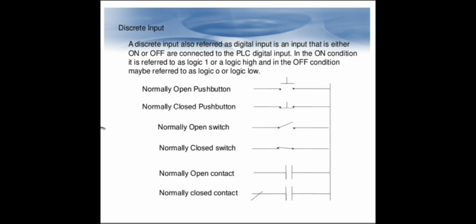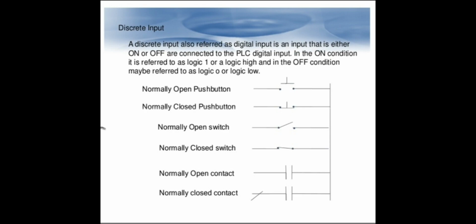Let us first discuss the discrete input. All of you know continuous and discrete. Discrete means on, off, 0, 1, binary types of inputs. A discrete input, also referred to as a digital input, is an input that is either on or off, connected to the PLC digital input. In the on condition it is referred to as logic 1 or logic high, and in the off condition as logic 0 or logic low.